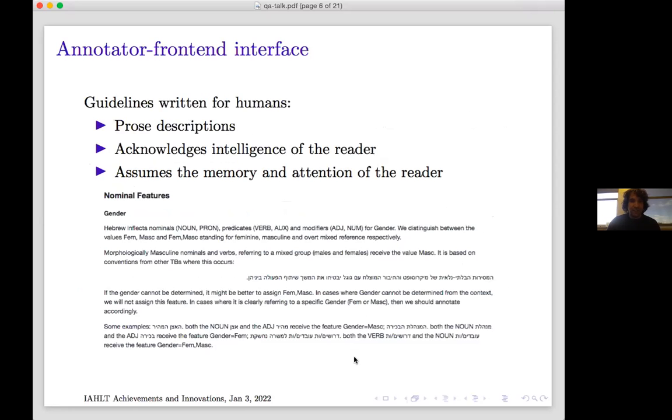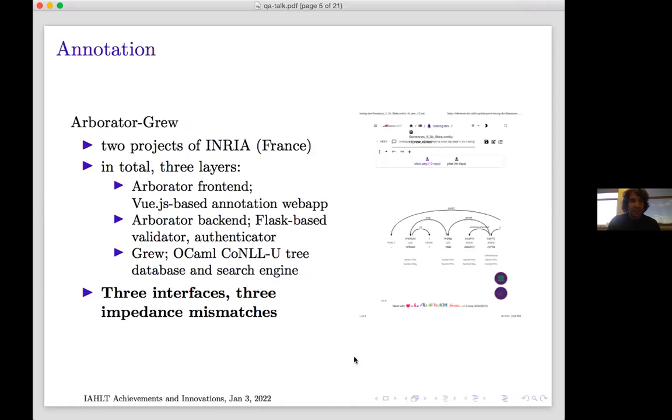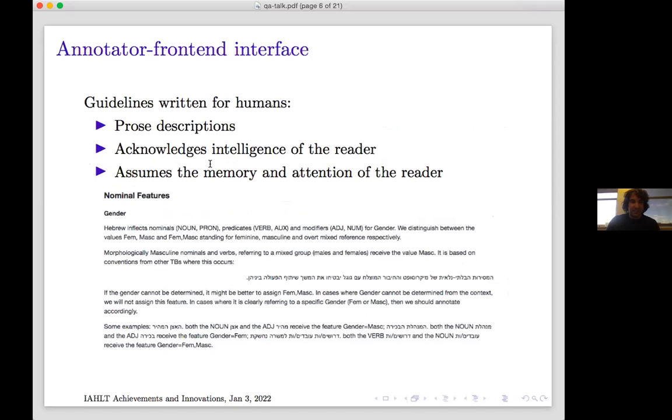And sure enough, things go wrong everywhere. So let me talk to you a little bit about what's guiding these systems. The annotator front-end interface is governed by guidelines written for humans. So Noam talked a little bit about this. We have an enormous amount of guidelines written for humans.